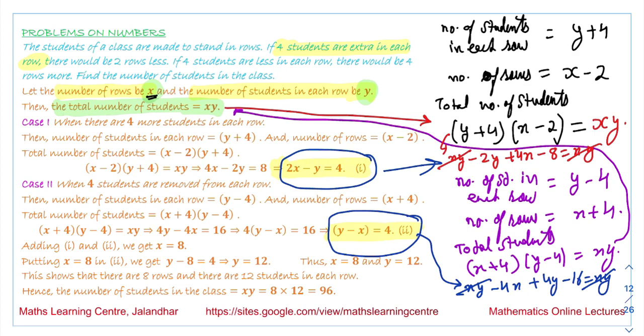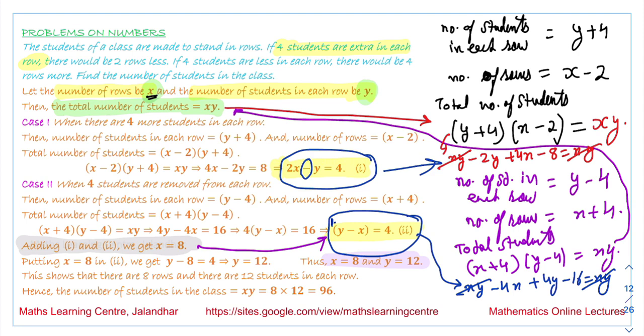Now in this equation the coefficient of y is minus 1, and in this equation the coefficient of y is 1. So we add both these equations. Adding equations 1 and 2, we get the value of x is 8. If we substitute x equal to 8 in equation number 2, we get that the value of y is 12.